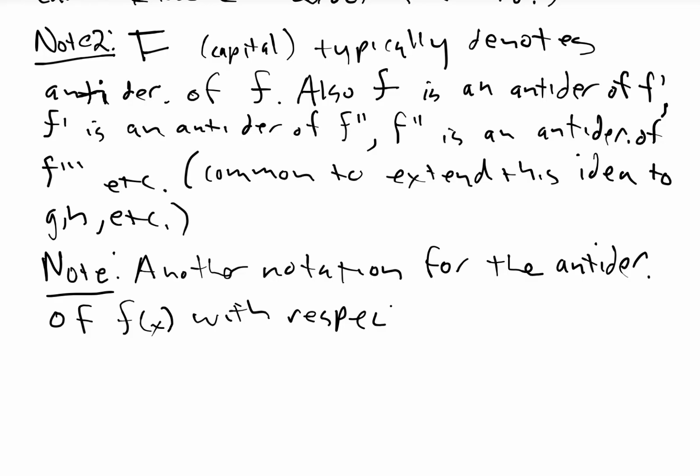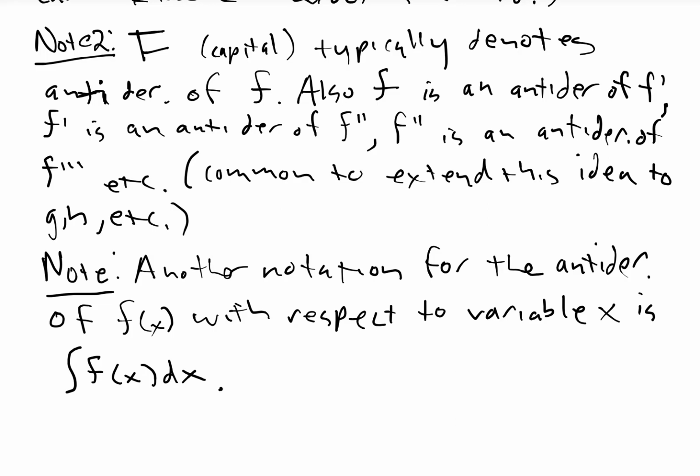So I am naming and really reinforcing that my independent variable is x here, is the following. We might just say the indefinite integral of f of x with respect to x, right?